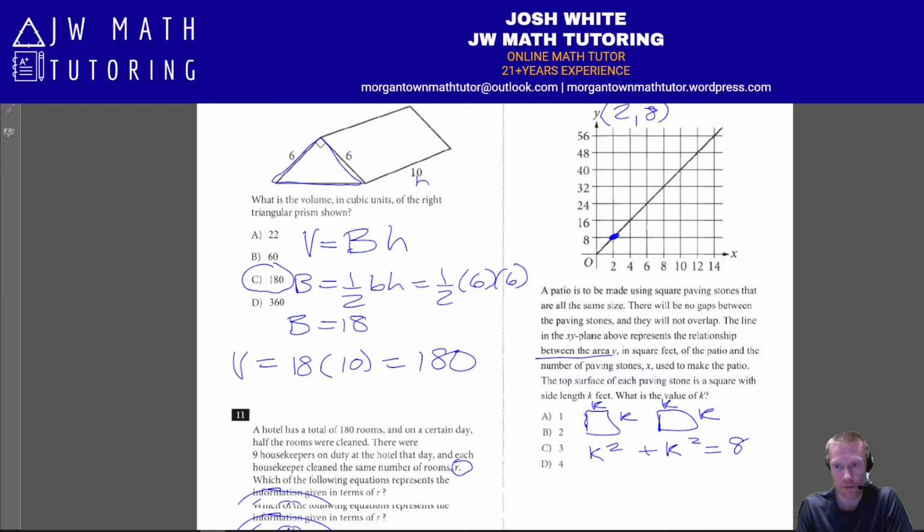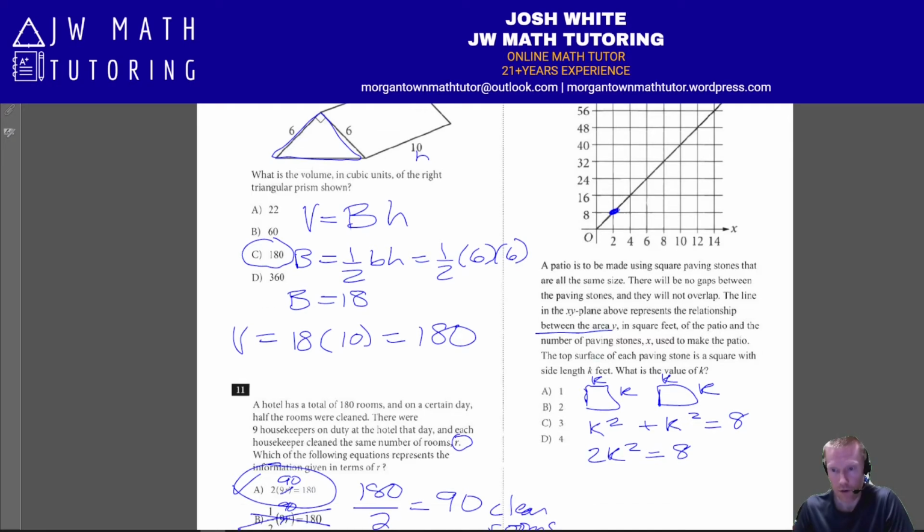So now, if I just solve this basic equation, well, 2k squared, which is the total area from the two stones, has to equal 8. And now you could go ahead and just solve this out, and we find that k squared has to equal 4. In other words, the area of each stone is going to be 4, which just means that each side of these square stones is just going to be 2. So the correct answer for this one is going to be letter B, 2.